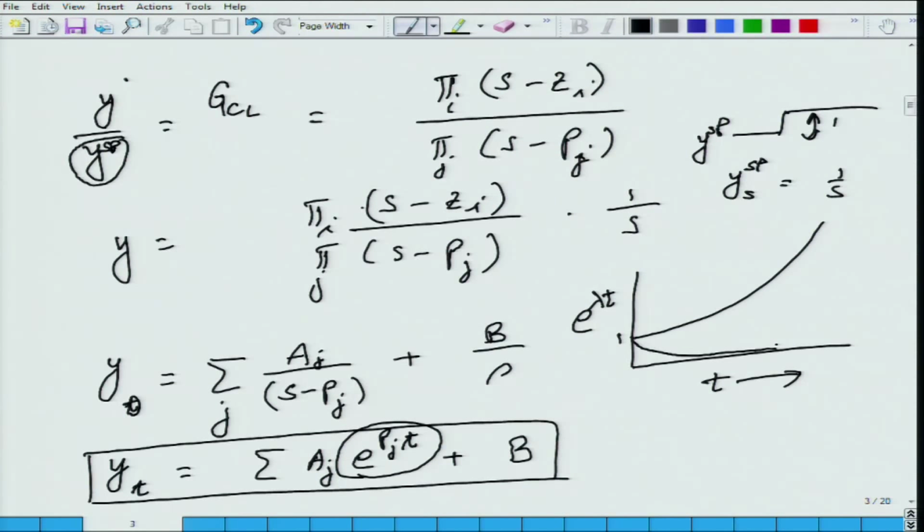So, if any of the poles of your transfer function is positive, what you get is an e to the power pole times t term, which will blow up in time.